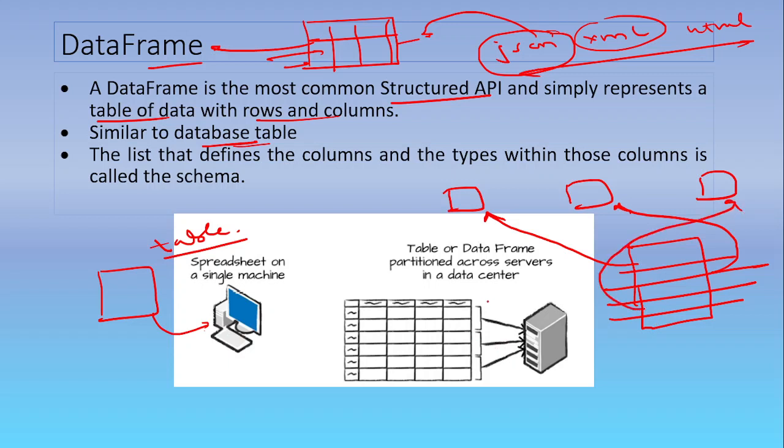You can see the diagram here. Some data sits on this server, some on that server. So your data is not stored on a single machine, but is split, or partitioned, and distributed across different servers. That is the difference between a table and a data frame. Your table and spreadsheet sit on a single machine, while your data frame's data is distributed across different worker nodes.